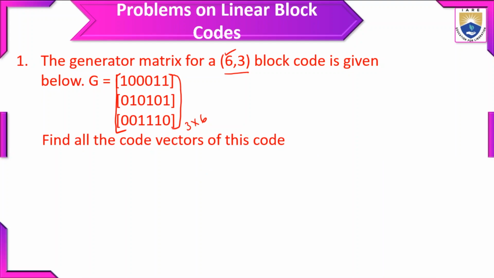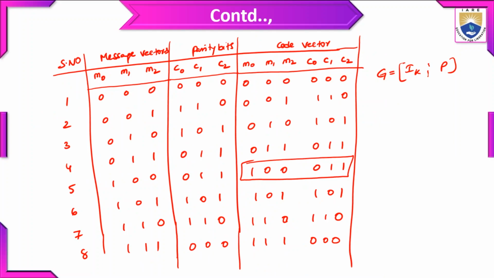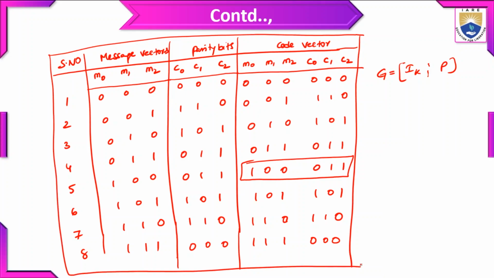By generating this code, the code size is 6, and which side the message bits are located is also identified by using this G, I_K P form. The generator matrix is very helpful for generating a block code. So all codes are generated like this.